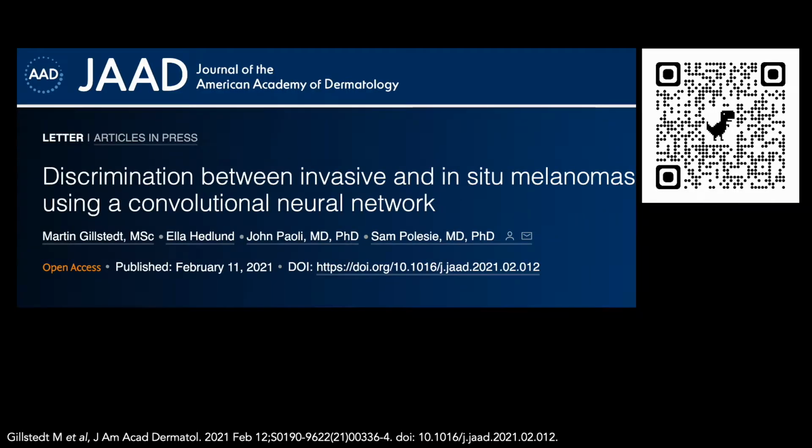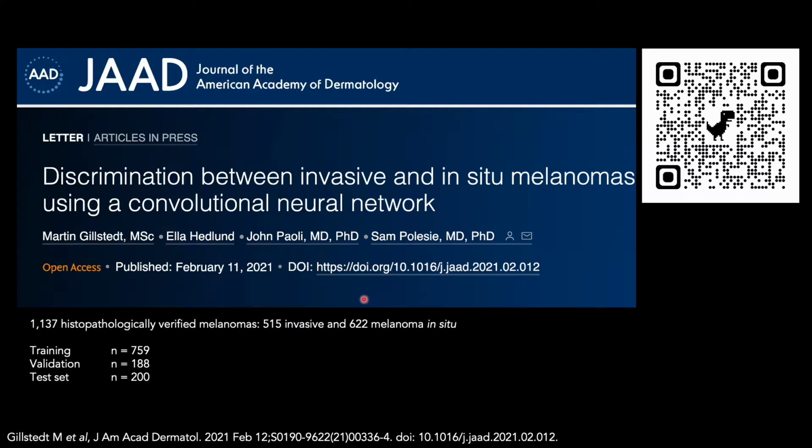We have also addressed the capability of convolutional neural networks in this setting in terms of differentiating between in situ and invasive melanomas. This publication was published previously this year in the JAAD. For this investigation, we included 1,137 histopathologically verified melanomas, consisting of both invasive and in situ melanomas, and randomized these images into a training, a validation, and a test set.